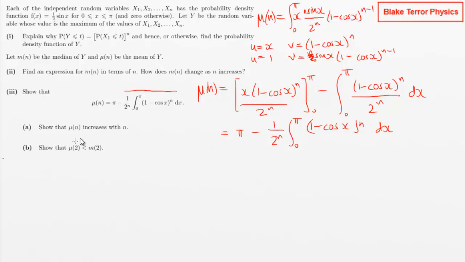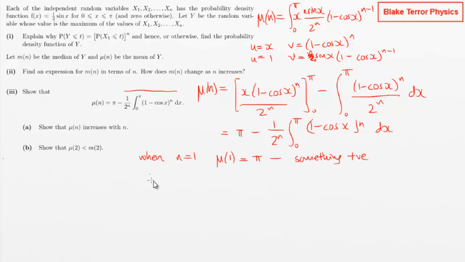What are we doing? So as n increases, when n is 1, then this thing inside the integral, yeah, this is all going to be positive. All right, okay, so let's put some of this down. So when n equals 1, mu 1 equals pi minus something positive.